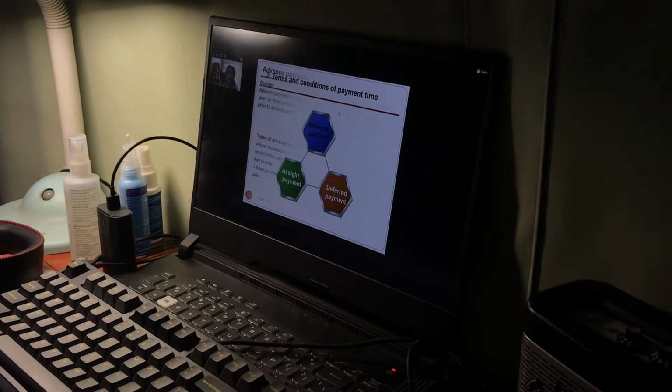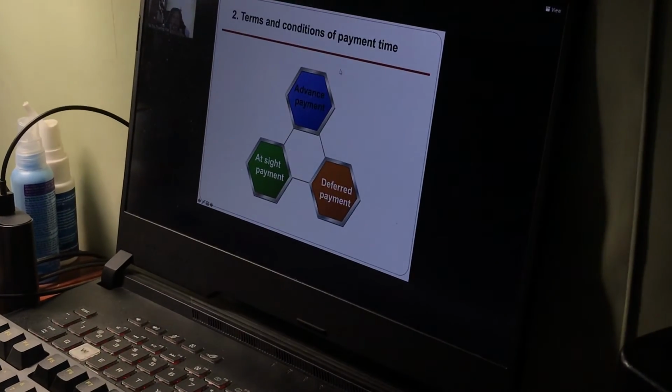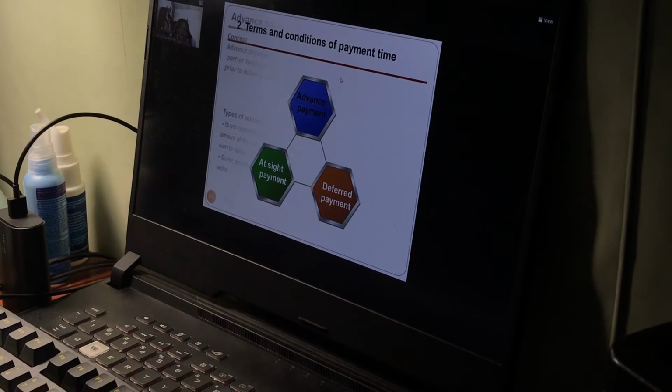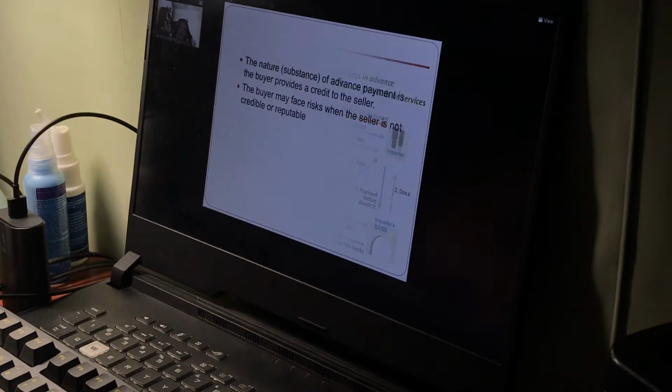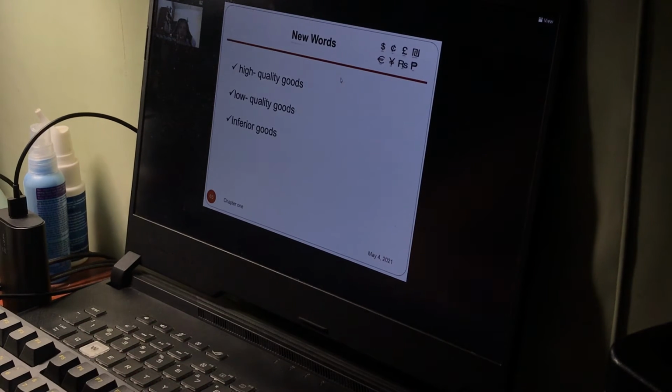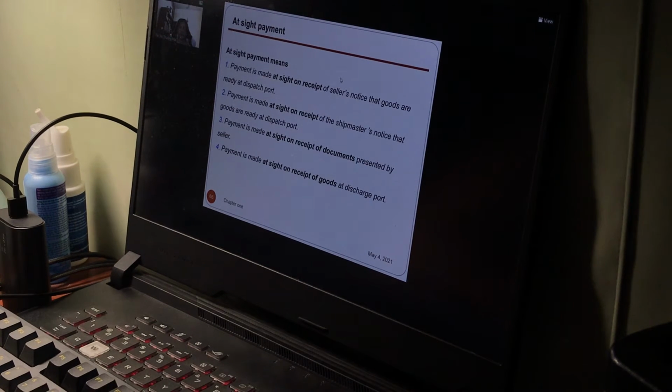The second type is at sight payment. At sight payment in Vietnamese is trả tiền ngay. There are many different types belonging to the group of at sight payment.